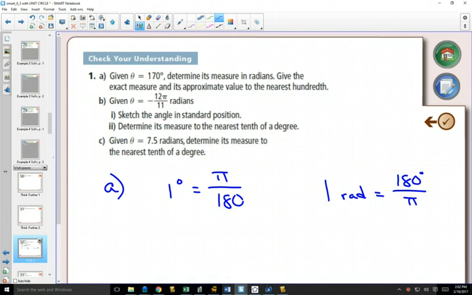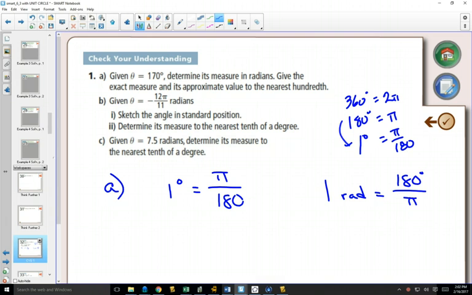The other way that people remember this is they say, well, it's not hard for me to remember that 360 degrees is 2 pi radians, so 180 degrees is pi radians. And if I want to get down to 1 for degrees, I have to divide by 180.